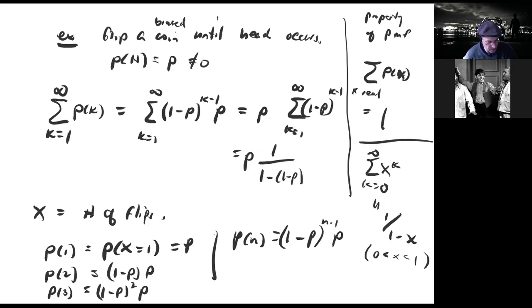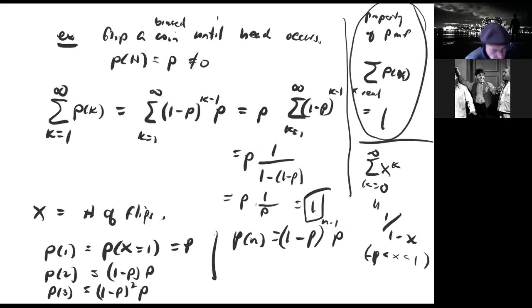Actually, x could be between minus 1 and 1. In any case, this is what you get. And what is this? It's P times 1 over P, which is 1, and that's what we needed to get. So we just verified that the sum of all the values of the PMF adds up to 1.